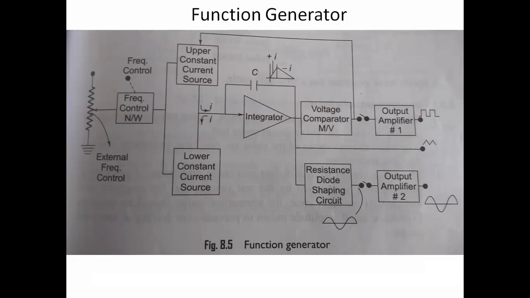And another one is the phase locked capability. One function generator can lock another function generator, I mean the signals generated in one function generator can be locked by the other function generator, and we can produce the same phase at the output.